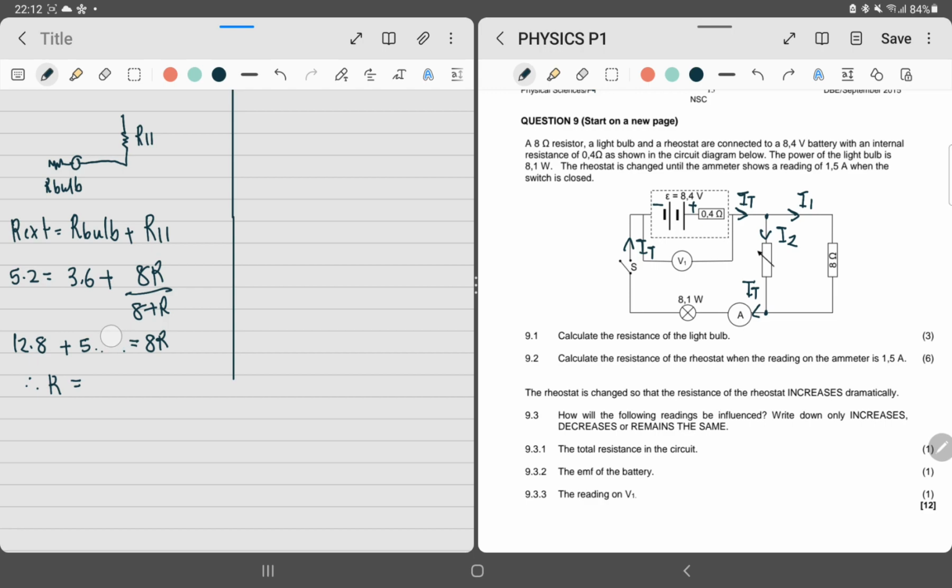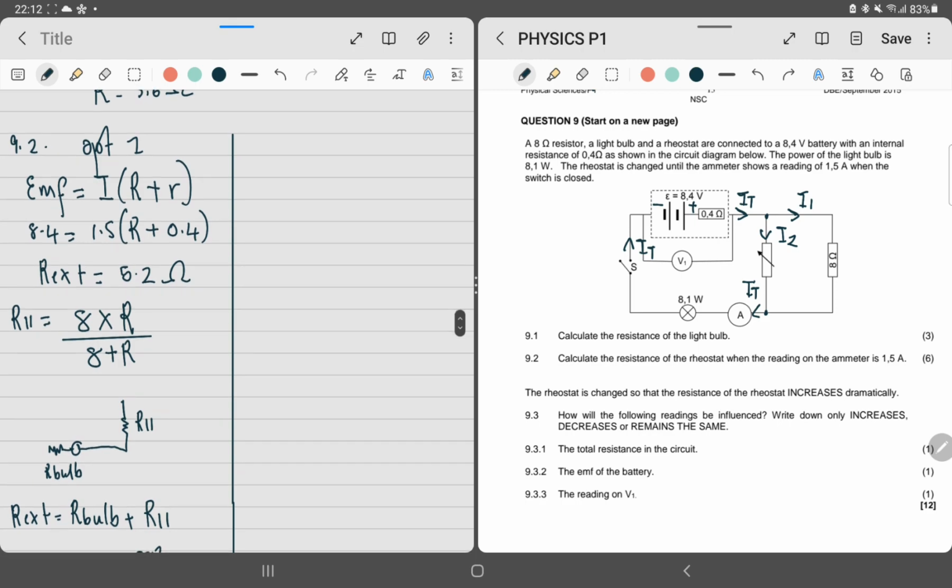And then this part, it should be 5.2 minus 3.6, so that's 1.6R. So 12.8 over 8 minus 1.6. So I'm getting a 2. That's 2 ohms.